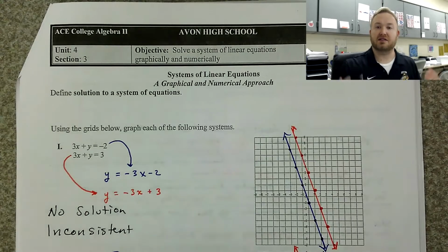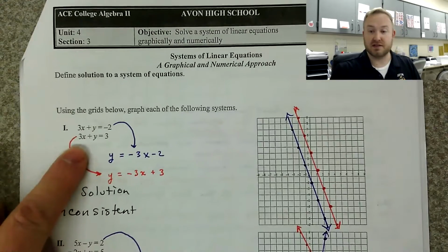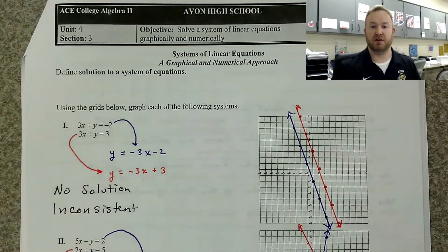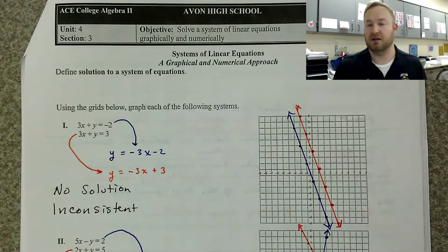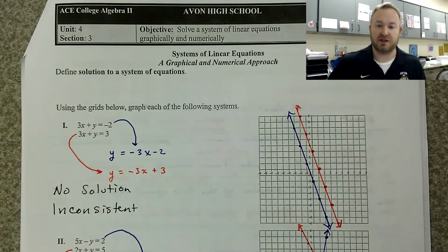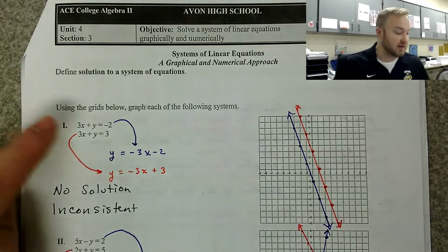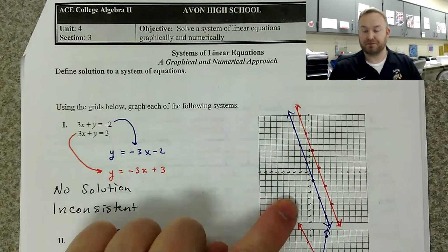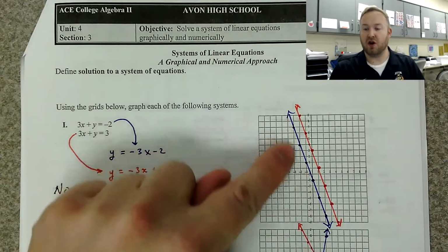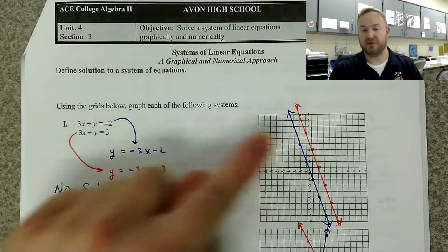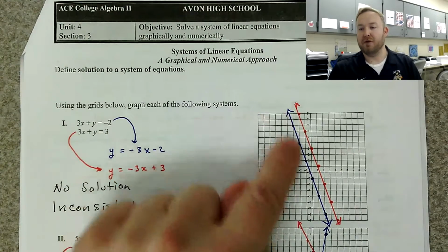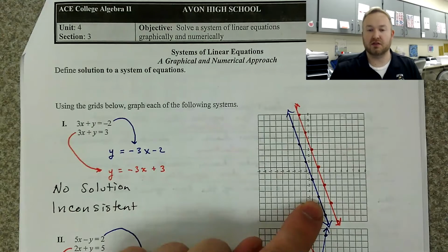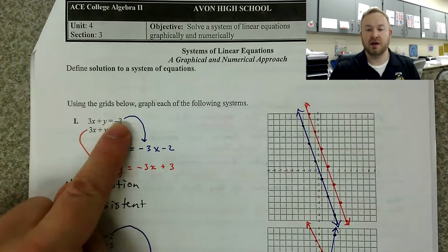All right, a system of equations consists of multiple equations. It'll have two equations here. You're allowed to have more than two, but for now we'll just have two equations. When you graph an equation like I have here, if your equation is linear, every point on the graph is considered to be a solution to that equation.